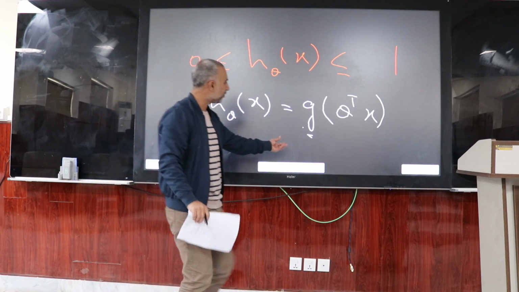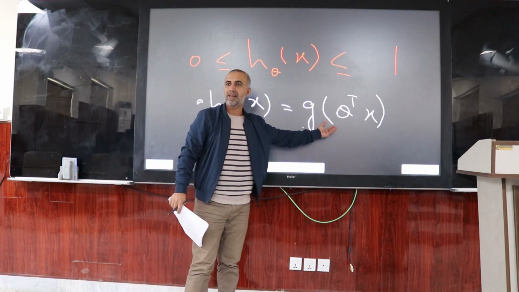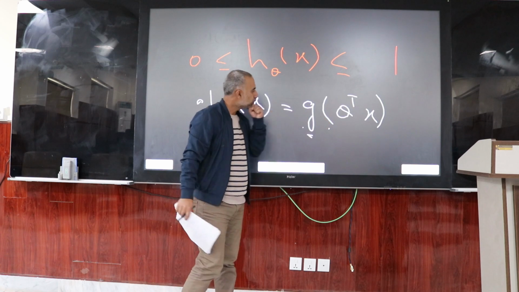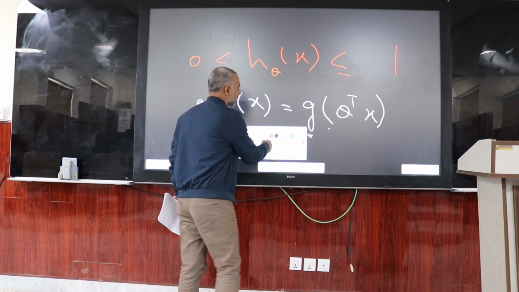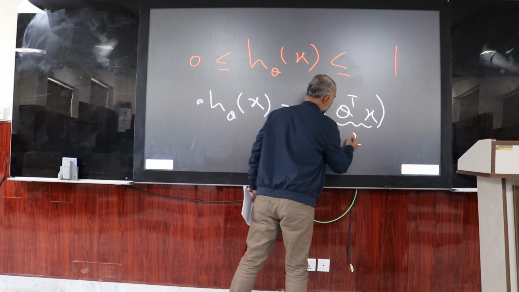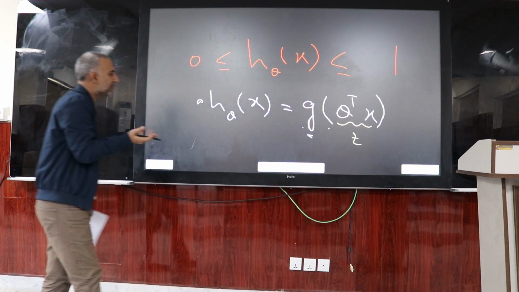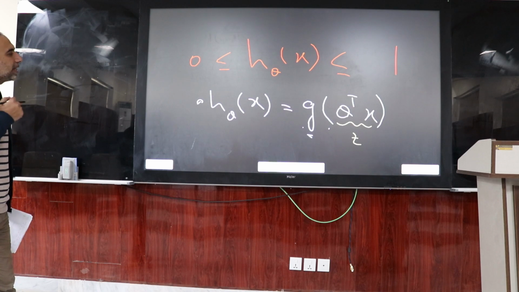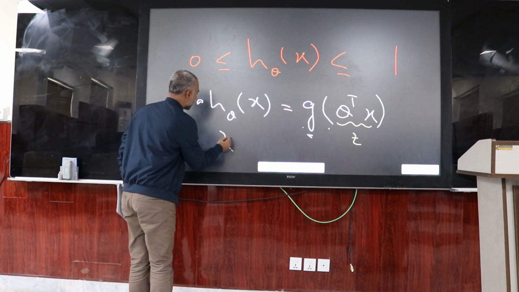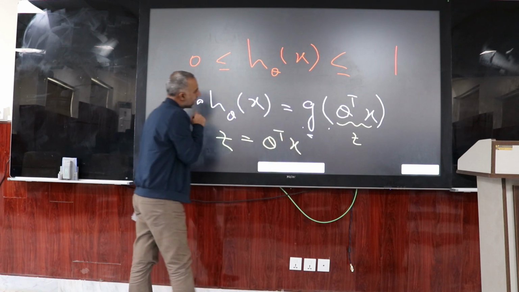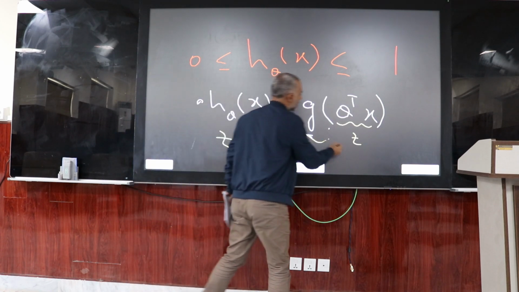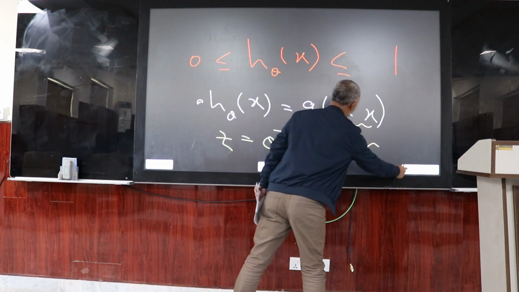So here we apply the first function on the linear part. Suppose we denote this linear part by a variable z, then for simplification purposes, this sigmoid function is technically g of z.